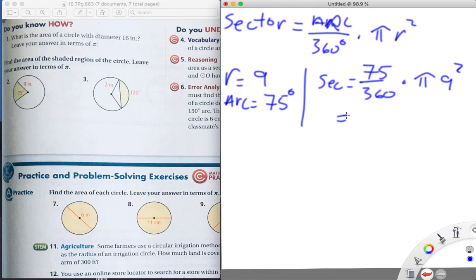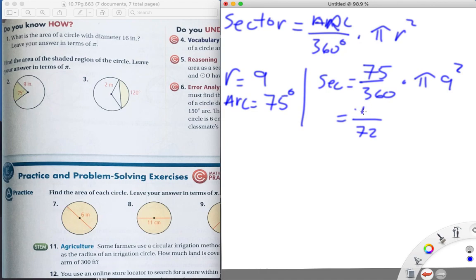Which is 75 divided by 360. They want your answers in terms of pi. So I'm going to divide top and bottom by 5, so I get 72.